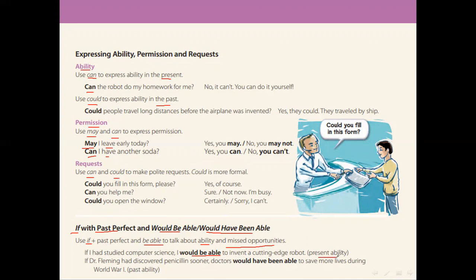It's a present ability, so we use would be able. If Dr. Fleming had discovered penicillin sooner, doctors would have been able to save more lives during World War I. It's a past ability, so we use would have been able.